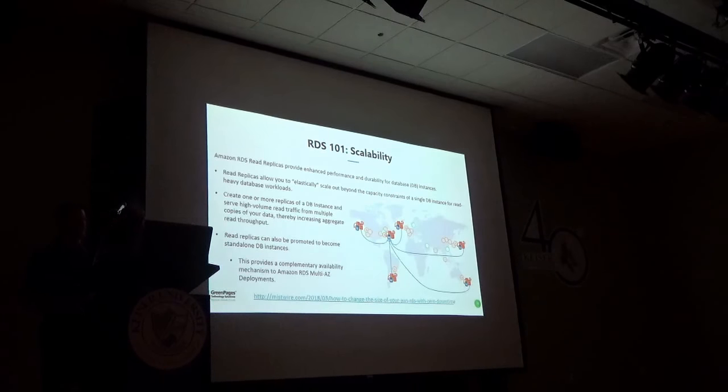From the time the write is written on the master till it gets down to one of those grandchild read replicas, there can be a significant amount of replication lag. So keep that in mind if you were to ever go down that path. And I mentioned durability earlier. Like I said, these can be promoted, so they can be used to complement multi-AZ architectures.